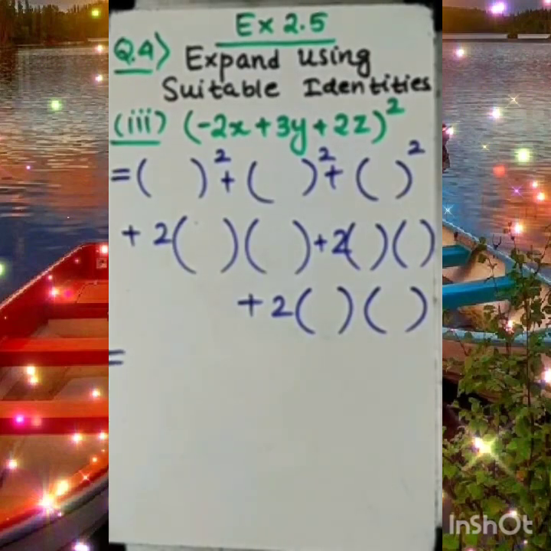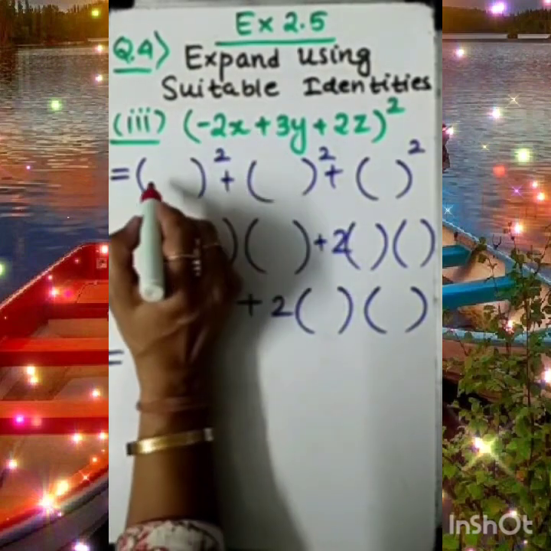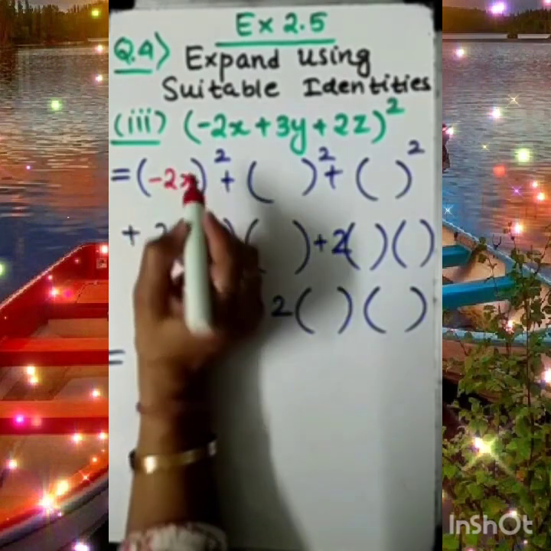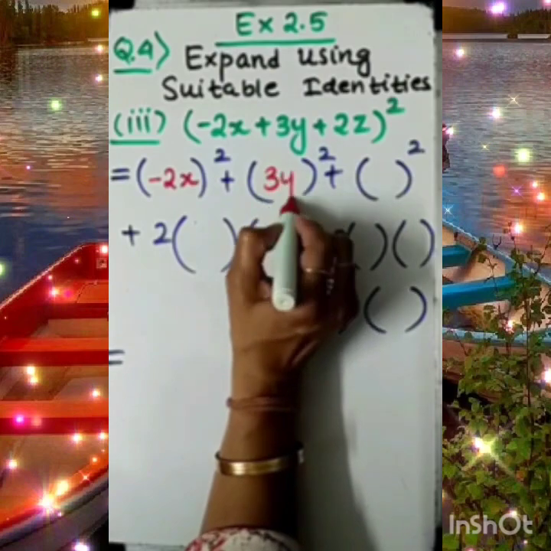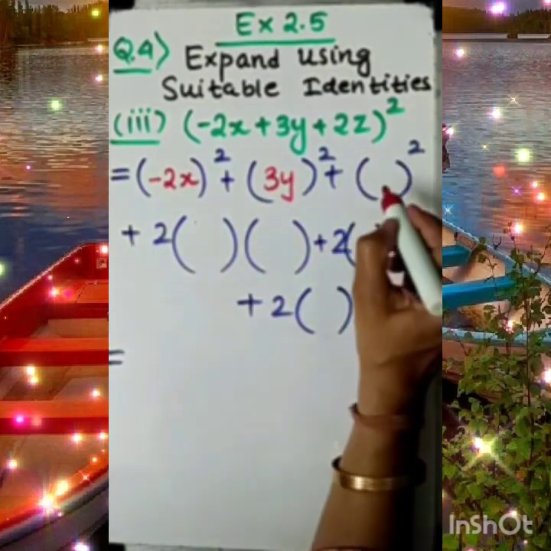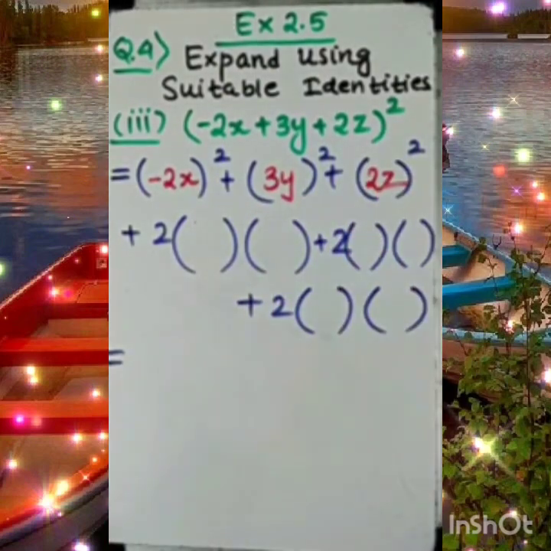That is very simple. Keep the bracket empty and now think about the first term. Which is the first term? It is minus 2x. So please note it down along with the sign. Second term is positive, so I am writing 3y here. Third term is 2z, so I am mentioning it here, 2z.